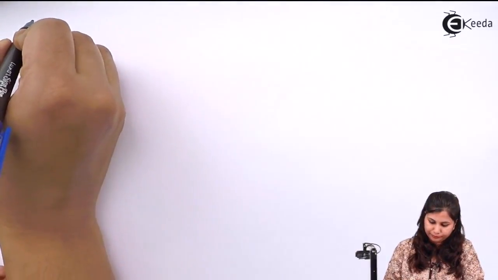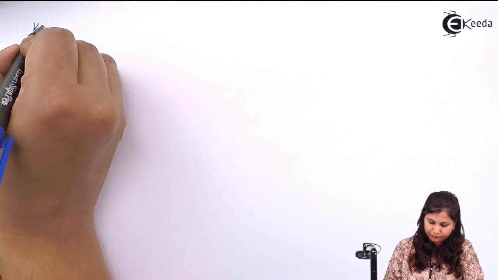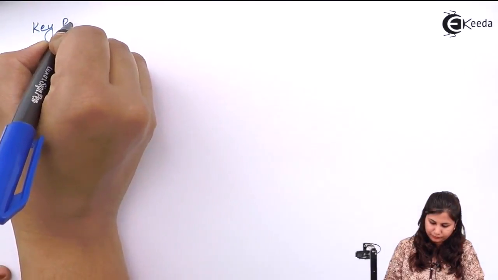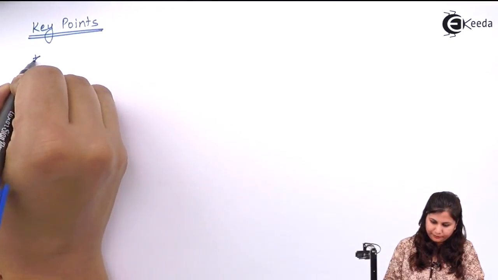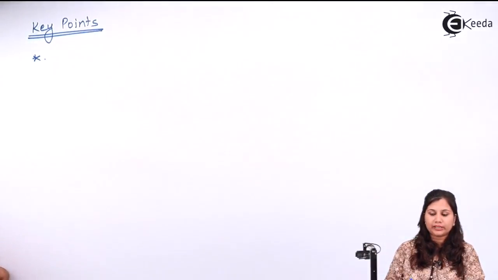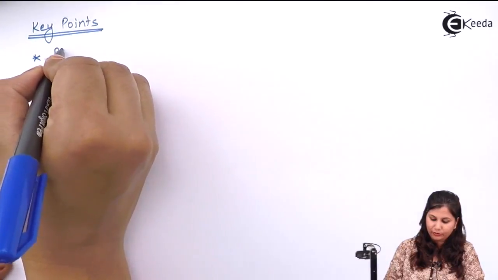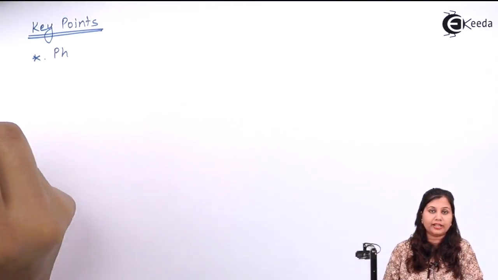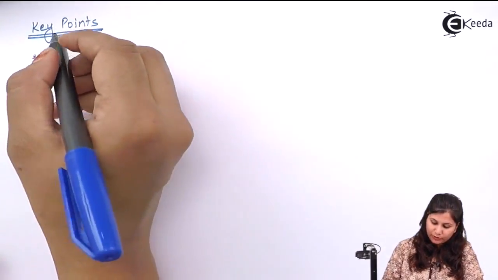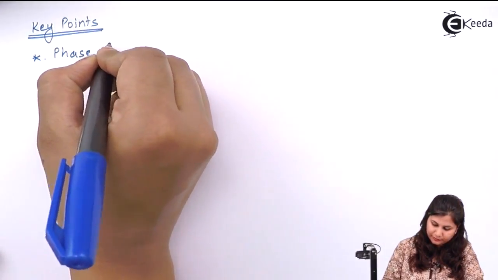So we have studied the phase lead network. Now let us summarize some of the main points of the phase lead network. The first point is that the phase lead network can be used as a high pass filter, as a differentiator.